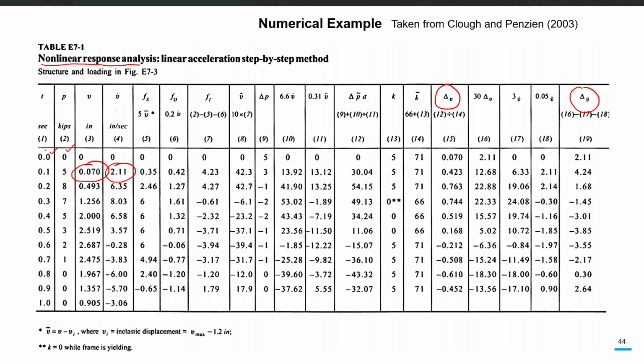For example, for the first time instant, the initial values of u and u dot were 0, 0, and we have calculated delta u as 0.07 and delta u dot as 2.11. So you just add these values to 0, 0 to get the next values, which are 0.07 and 2.11.